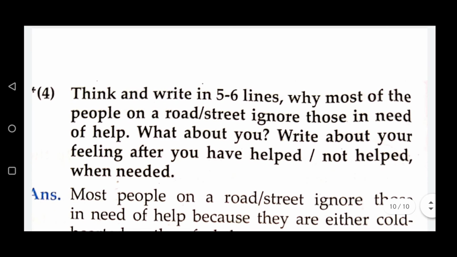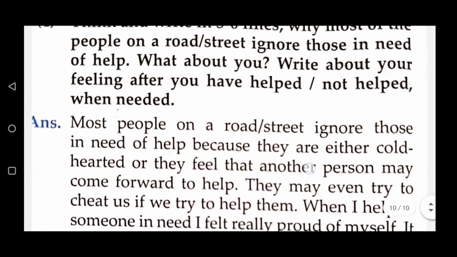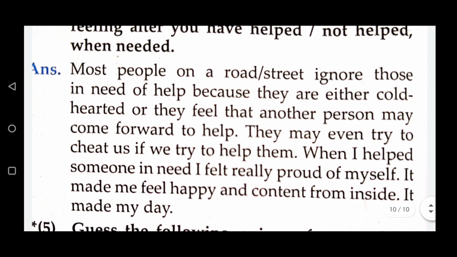Now think and write in 5-6 lines why most of the people on a road or street ignore those in need of help. What about you? Write about your feeling after you have helped or not helped when needed. This is a self-response type of question.